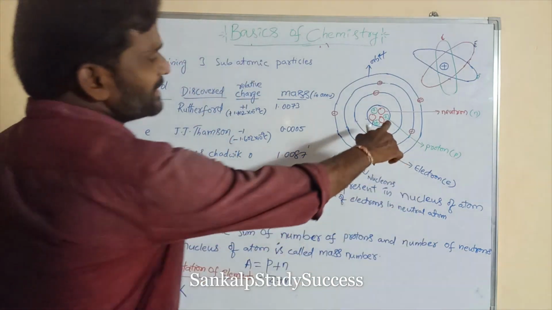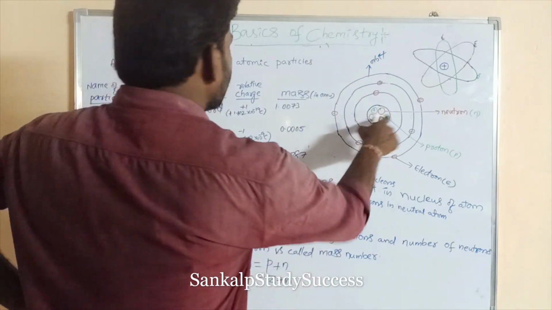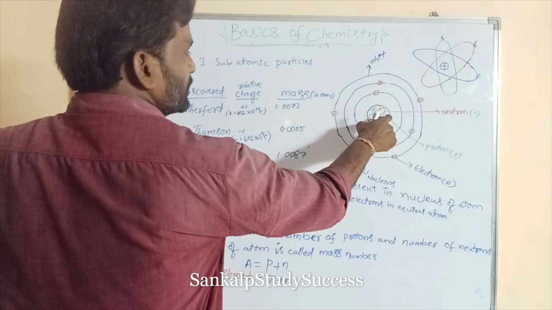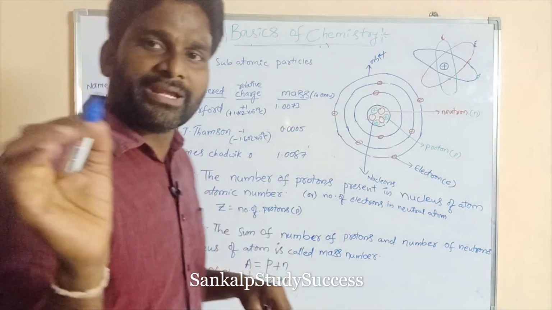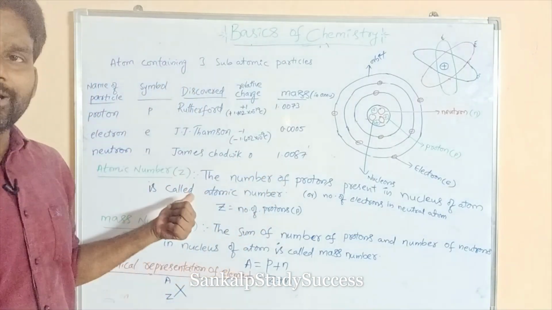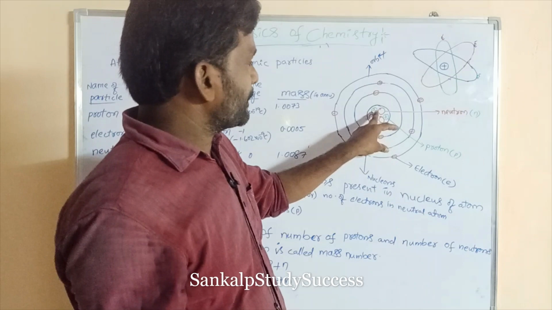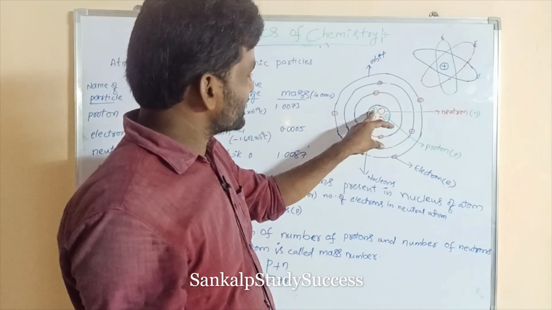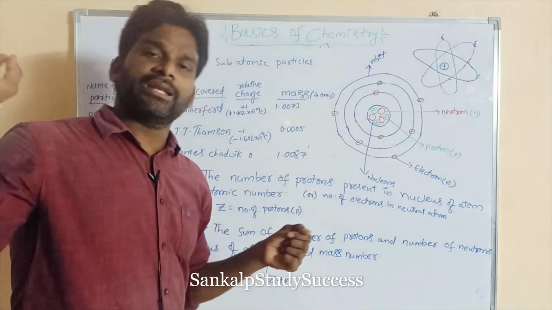So three protons. What is the charge of a proton? Positive. These three positively charged protons give the atomic number, which is represented by Z.